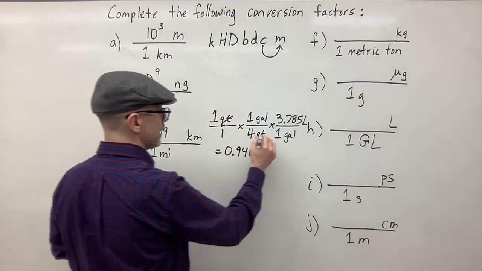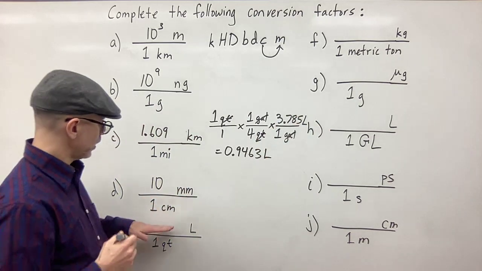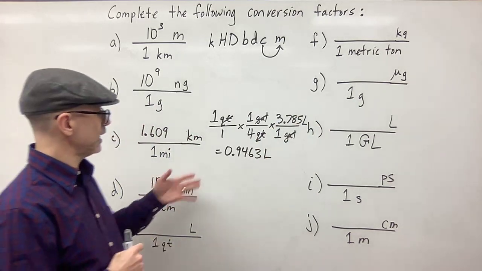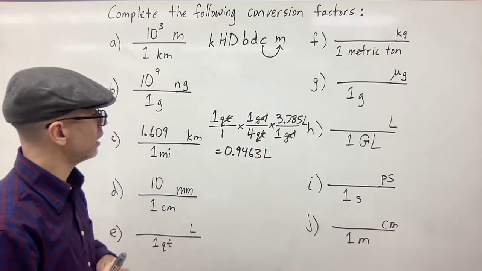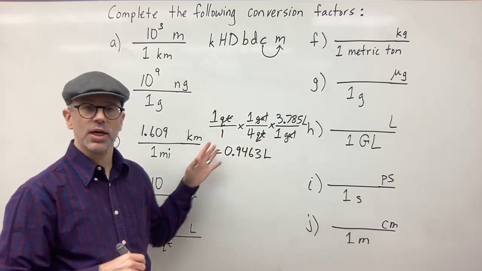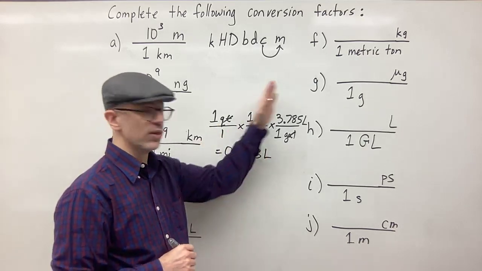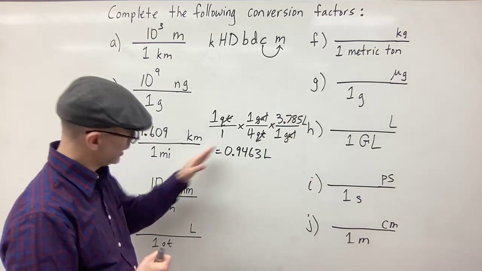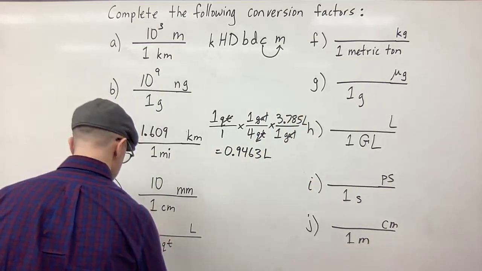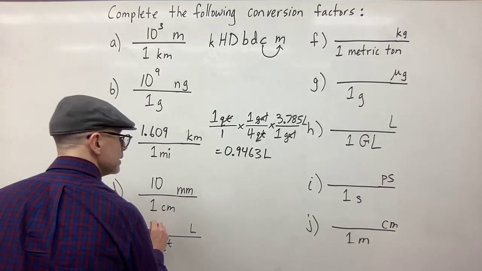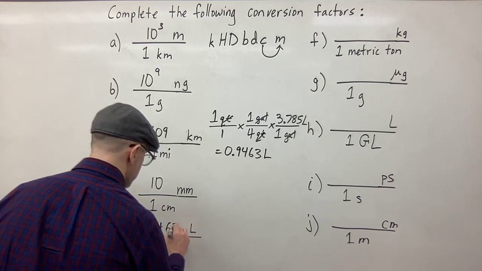So again, quarts cancels out, gallons cancels out, leaves you with liters. And so you can put that down here. Again, you didn't have to use this. You could have gone from gallons to some other unit. You didn't have to start with quarts. But as long as you're using conversion factors and you end up with the liters you want, then you should get pretty much the same answer. So then this becomes 0.9463 liters.